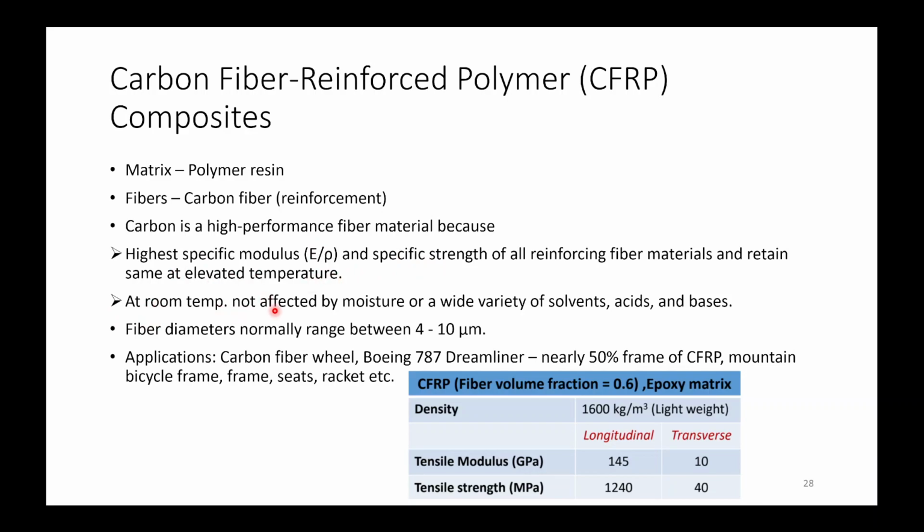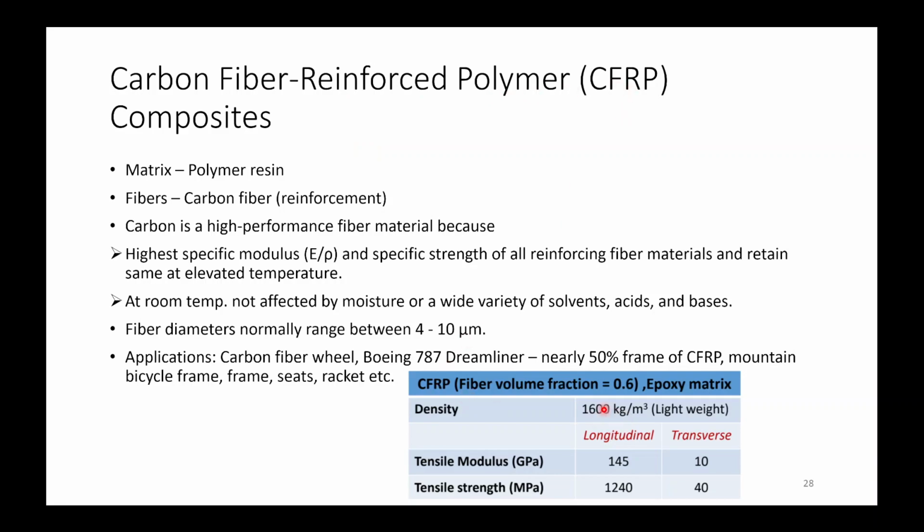At room temperature, it is not affected by moisture or a wide variety of solvents, acids, and bases. Fiber diameters are normally in the range of 4 to 10 micrometer, and applications are carbon fiber wheel, Boeing 787 Dreamliner, nearly 50% frame of which is made of CFRP, and mountain cycle, bicycle frame, seats, racket, etc. These all are made of CFRP.